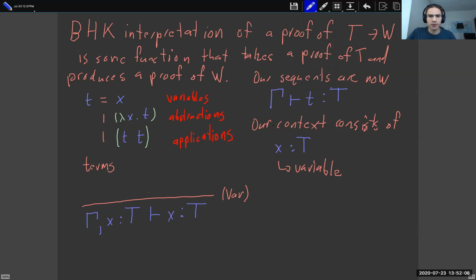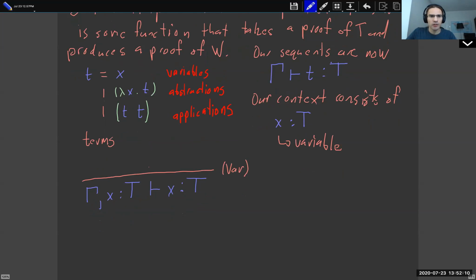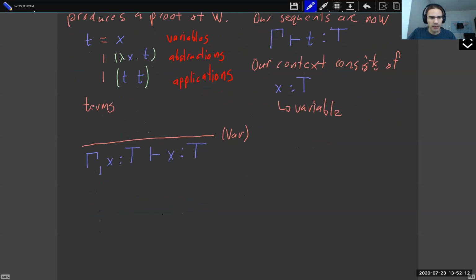Next, we have the proof rule for forming implications. So here, suppose that in context gamma, I know that f is a proof of t implies w.